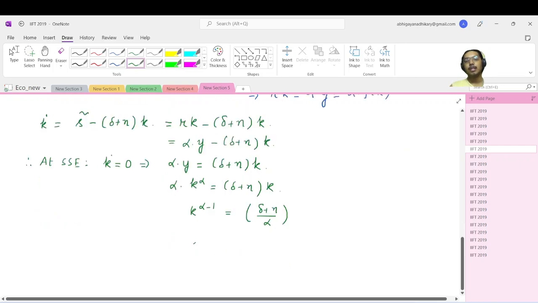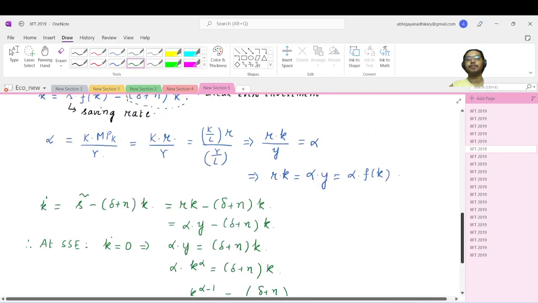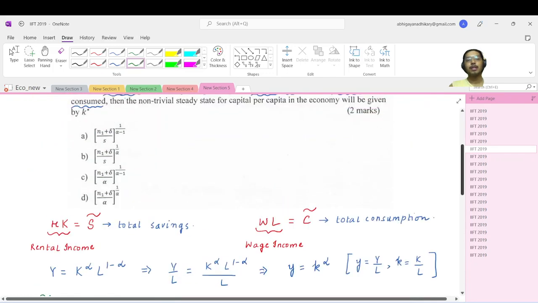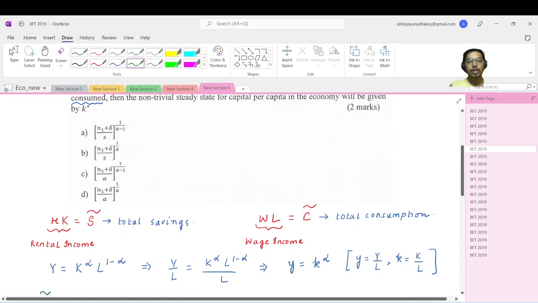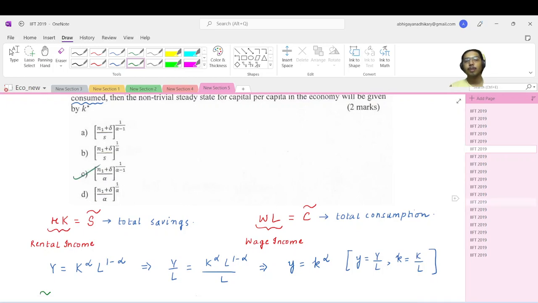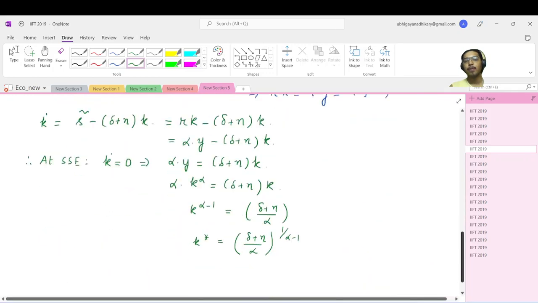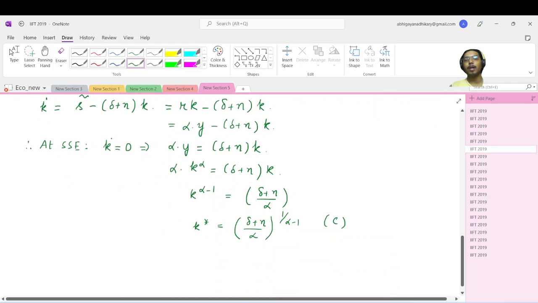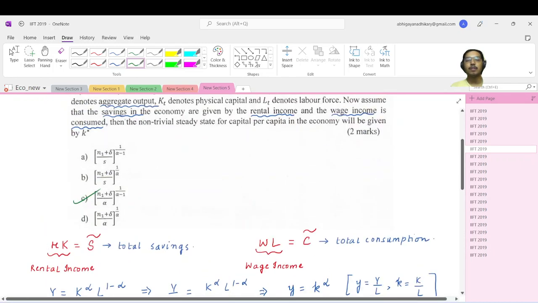That means k star equals (delta plus n by alpha) raised to the power 1 by alpha minus 1. So if you look at the options, they have used the notation n1 over here, that doesn't matter. So that is basically option C, (n1 plus delta divided by alpha) raised to the power 1 by alpha minus 1. So that is your option C for this question.